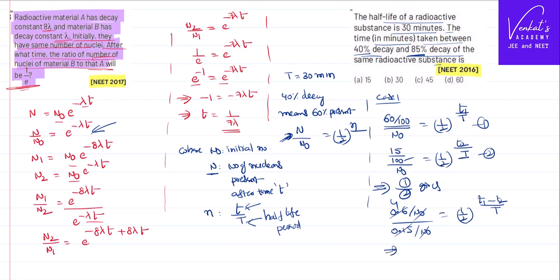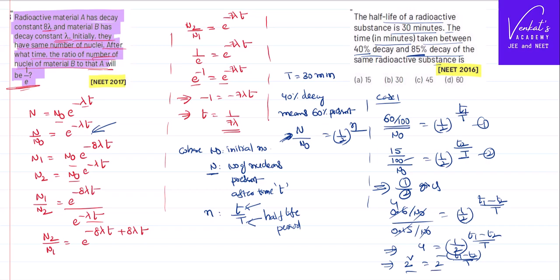So what remains is 4 equals 1 by 2 power of T1 minus T2 by T. Now 4 can be written as 2 squared, and this can be written as 2 power of minus T1 minus T2 by T.